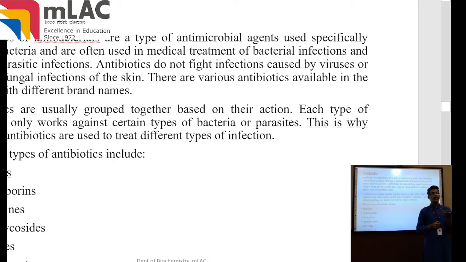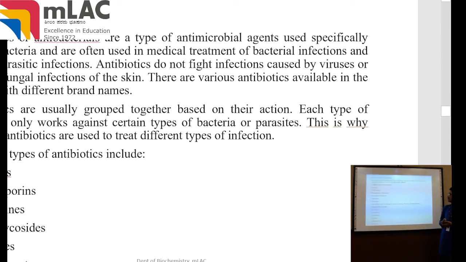A single antibiotic cannot be a wonder drug for all kinds of infections. The main types of antibiotics include penicillins, cephalosporins, tetracyclines, aminoglycosides, macrolides, quinolones, etc. The classification can be based on the chemical nature of the antibiotic, or on the mode of action these antibiotics possess.